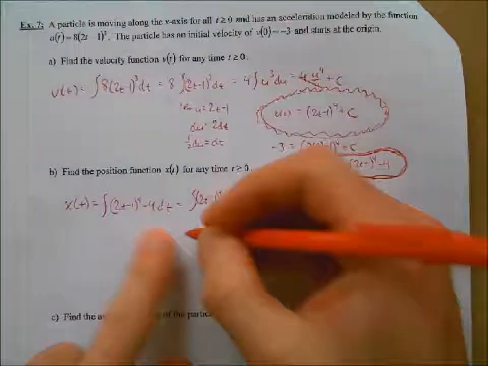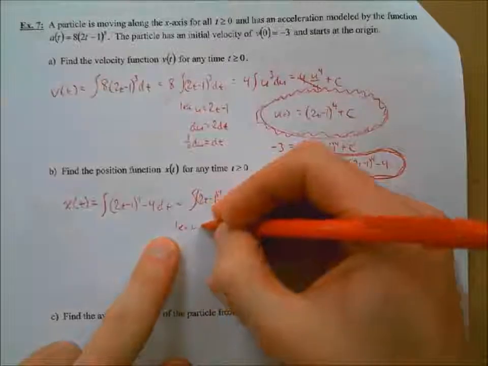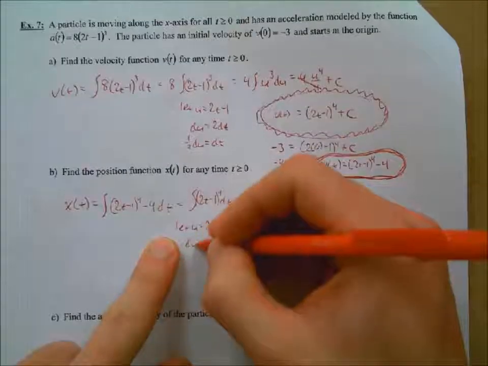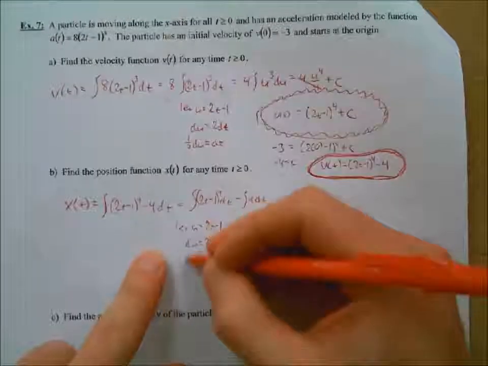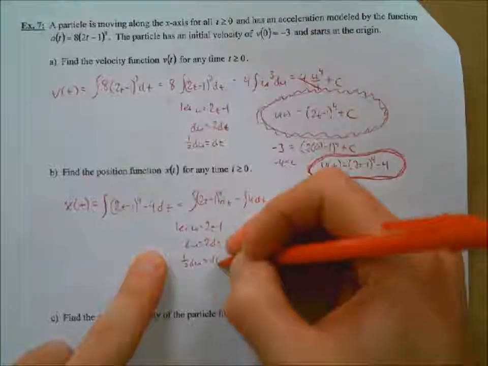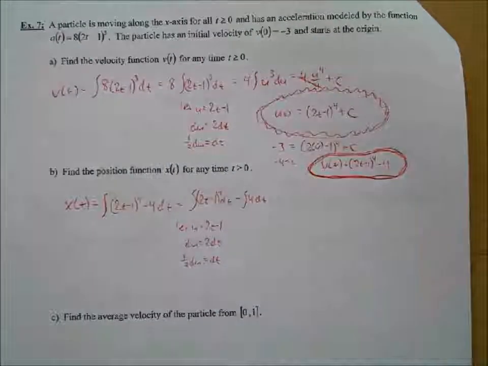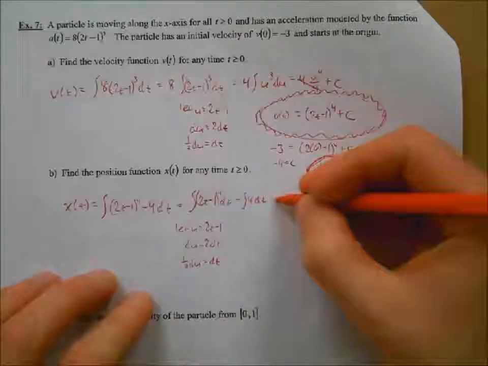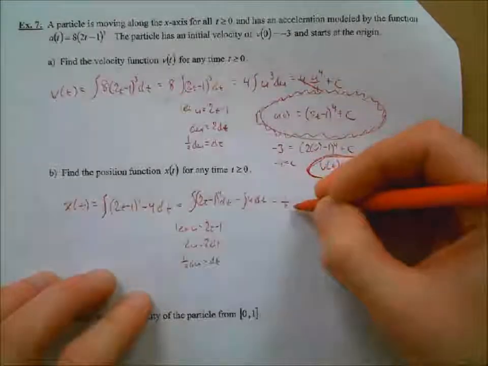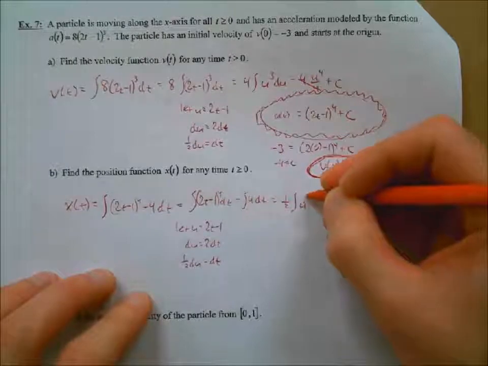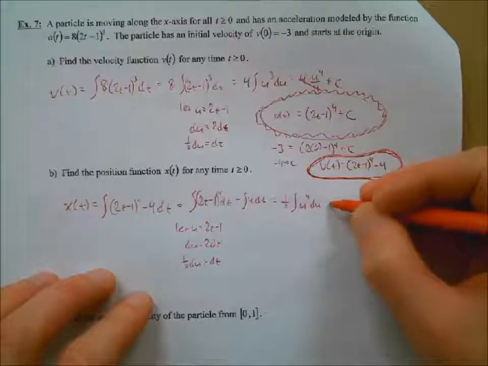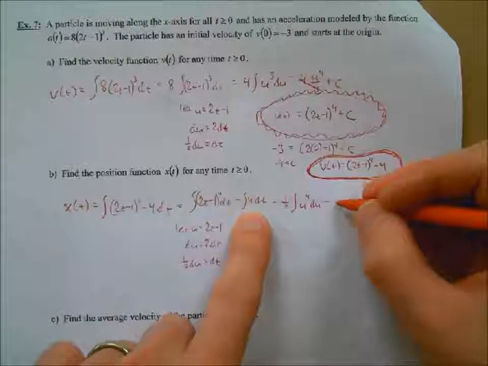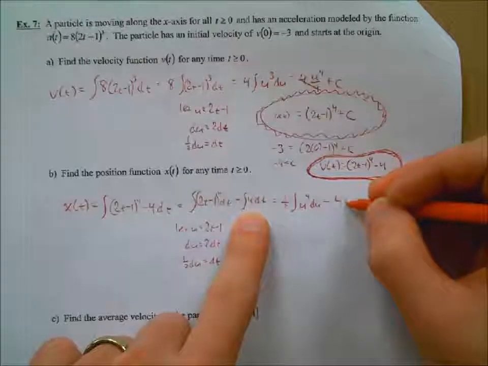So we'll let u equal 2t minus 1, so du equals 2 dt, so 1/2 du equals dt. And so we end up with 1/2 the integral of u to the 4th du minus, and I'm going to go ahead and integrate the 4, minus 4t plus c.